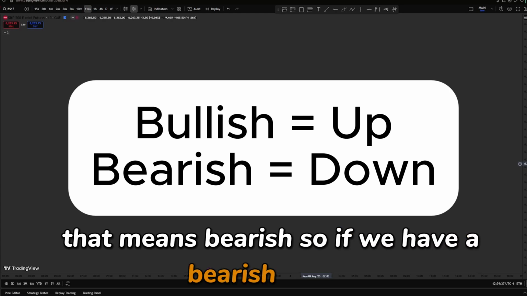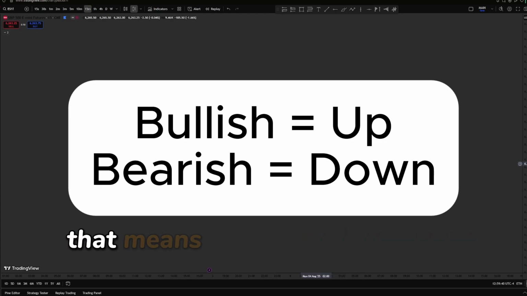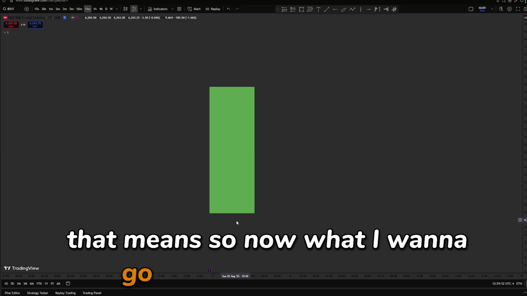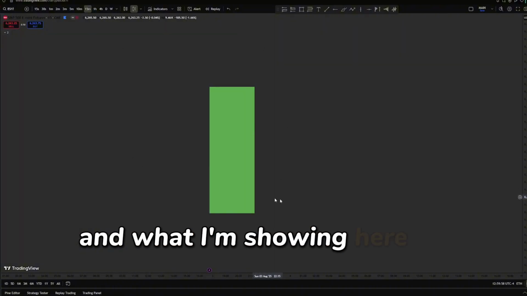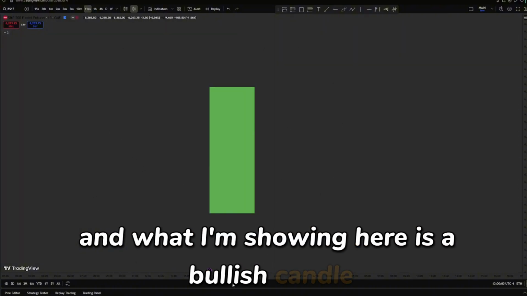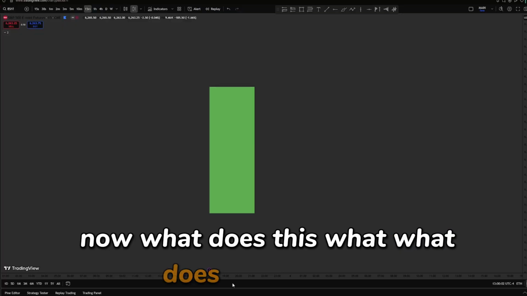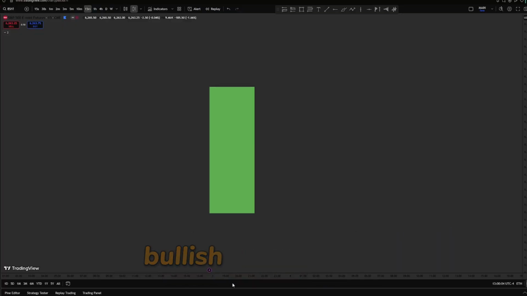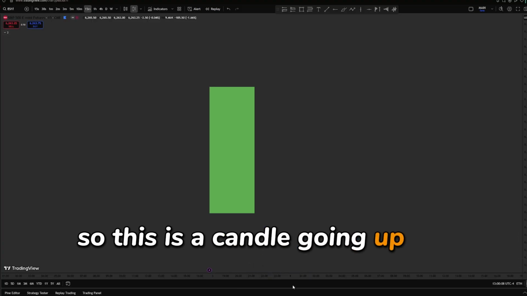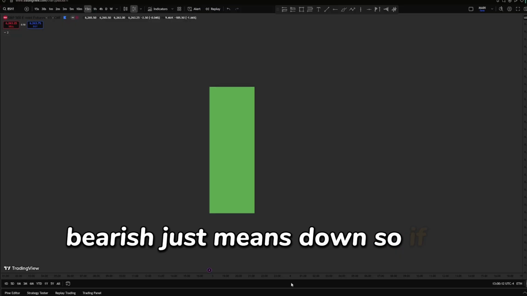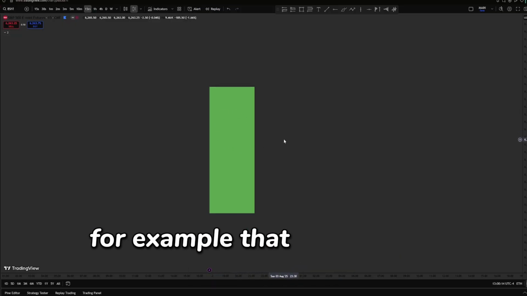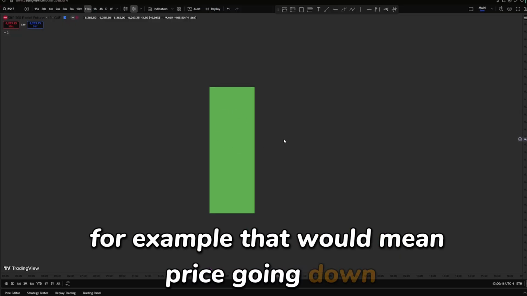Now, what does bullish mean? Bullish just means up. So this is a candle going up, and the same with bearish. Bearish just means down. So if we had a red one, for example, that would mean price going down.